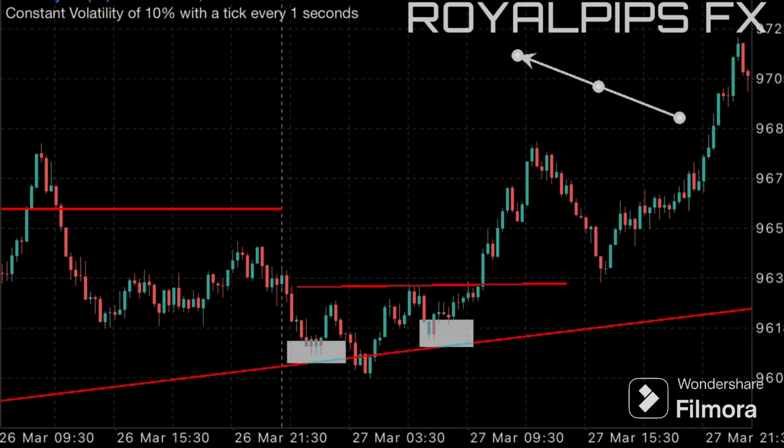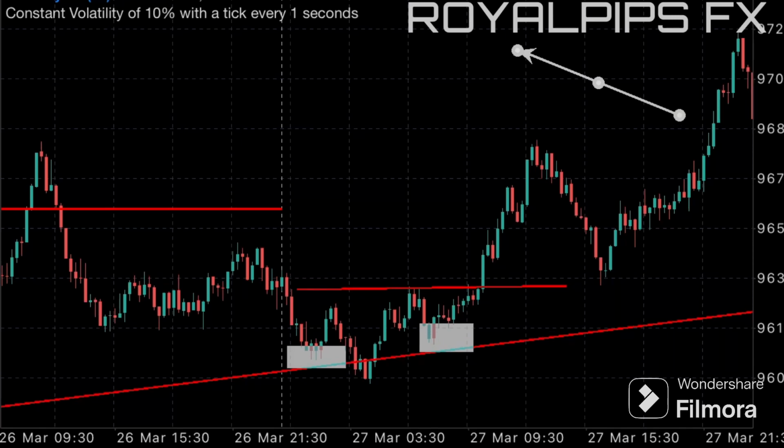Even if you lose 5 times and win 5 times, you still end up being a profitable trader. Even if you lose 5 times and win just 3 times, you still are profitable at the end of the day. This is the power of risk to reward ratio plus a profitable strategy.